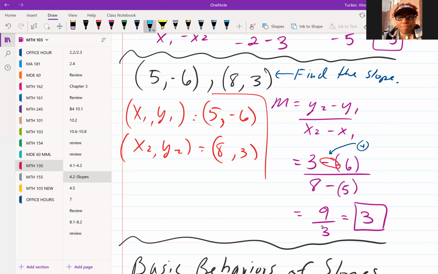I'm having problems figuring. Okay. Let me see where I'm getting confused. X1, Y1.